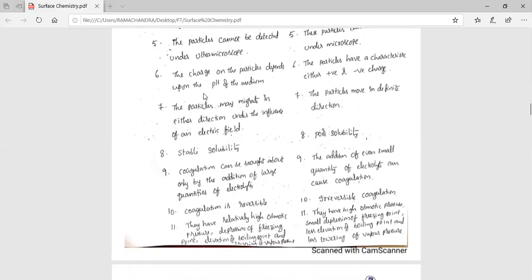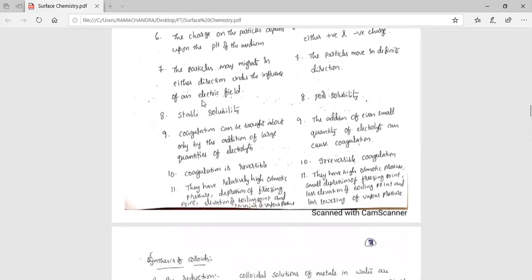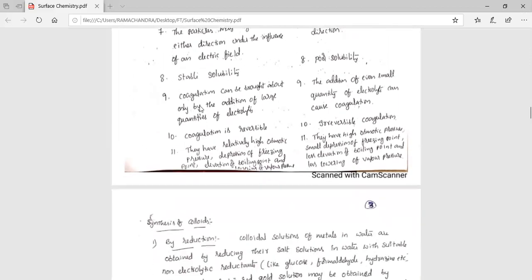Coming to charge, the charge on the particles depends upon the pH of the medium in lyophilic solutions, whereas in lyophobic solutions the particles have a characteristic either positive or negative charge. Next, in lyophilic solutions the particles may migrate in either direction under the influence of an electric field, whereas in lyophobic solutions the particles move in one direction only. Next, lyophilic solutions have stable solubility, lyophobic solutions have poor solubility.